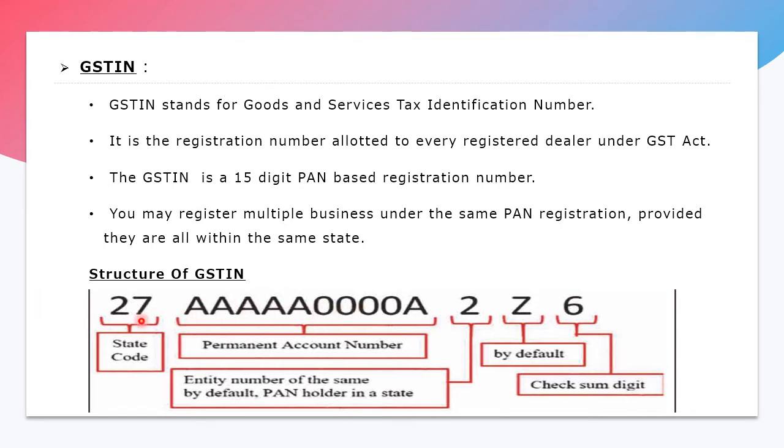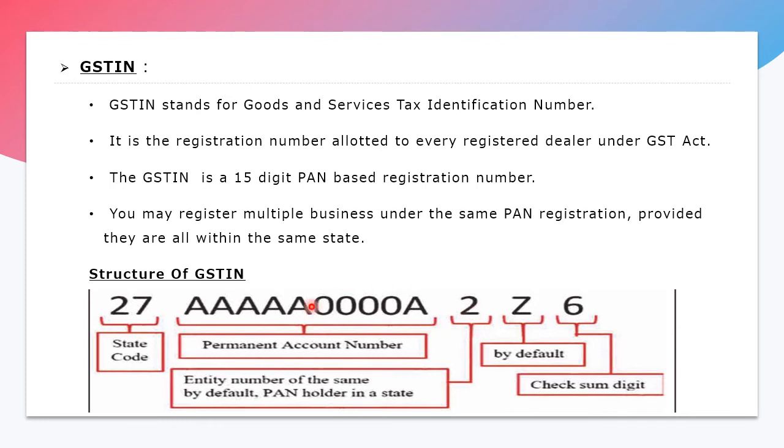Then this first two digits indicate the state code. Okay, जिस state में open कर रहा है वो state का code आएगा यहाँ पे. So this 2 digit, it indicates the state code. Then what does this 2 say? This is the entity number of the same PAN holder in a state. The meaning of this is that अगर 2 लिखा है means इसके 2 businesses हैं वो same state में.